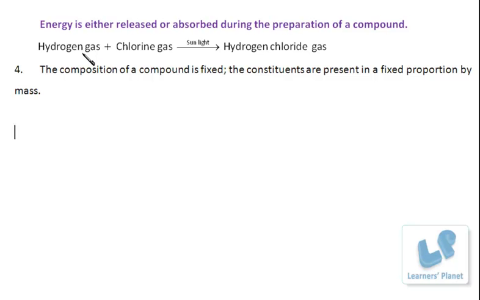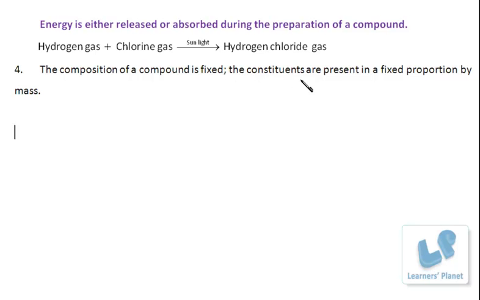Say for example, hydrogen gas reacts with chlorine gas in the presence of sunlight, forming hydrogen chloride gas. That is, the hydrogen and chlorine are combining in the presence of sunlight. That is, they are utilizing the energy of sunlight. So when a compound is formed, energy is either released or absorbed.